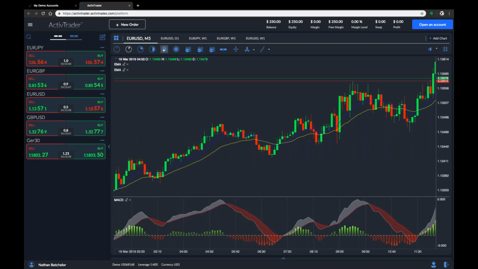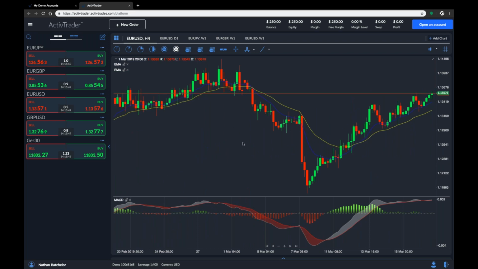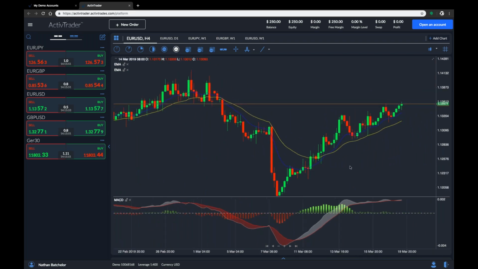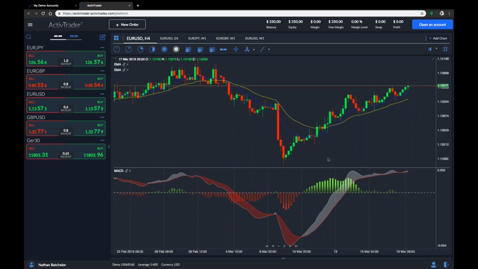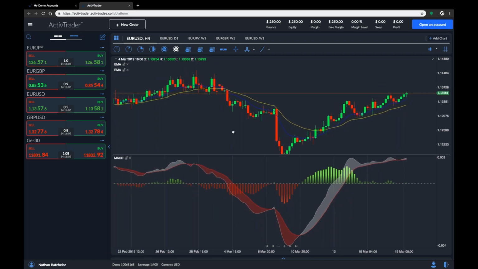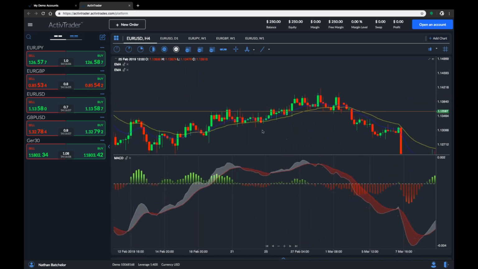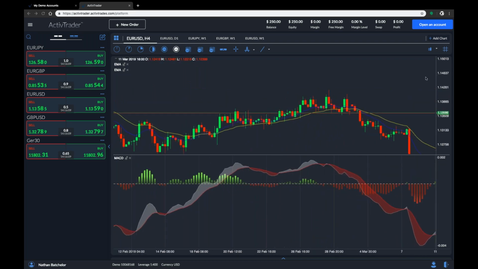But it's only really good on the higher time frames because you don't have to worry about the choppiness, the volatility, the spikes and things like that. You get a slightly smoother curve. And if you were to use the MACD within a range, a bit like here, you might actually start to get false signals.